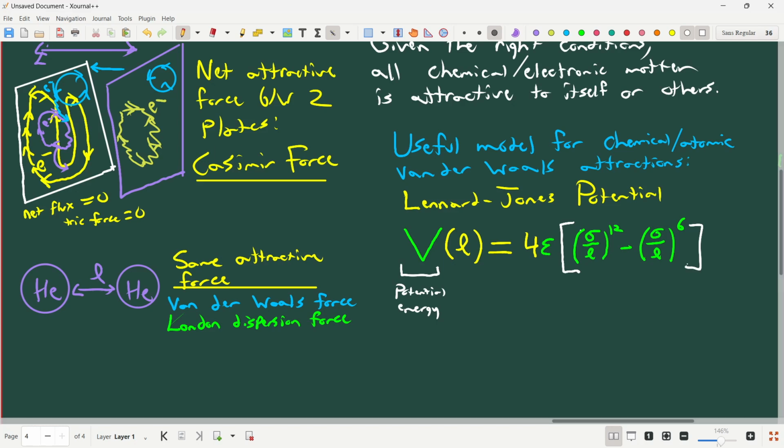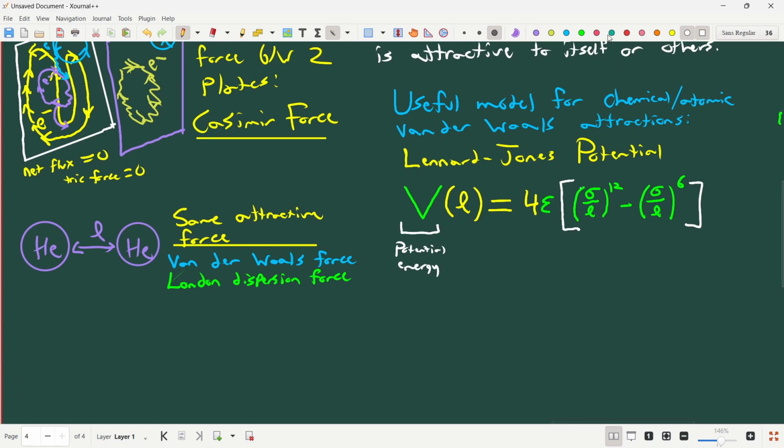It turns out this is a really, really useful model, and it qualitatively works very well for understanding the potential energy of attraction or repulsion between two atoms at a given distance. It's parameterized by two things, epsilon and sigma, and I'll show you what those are in just a second.